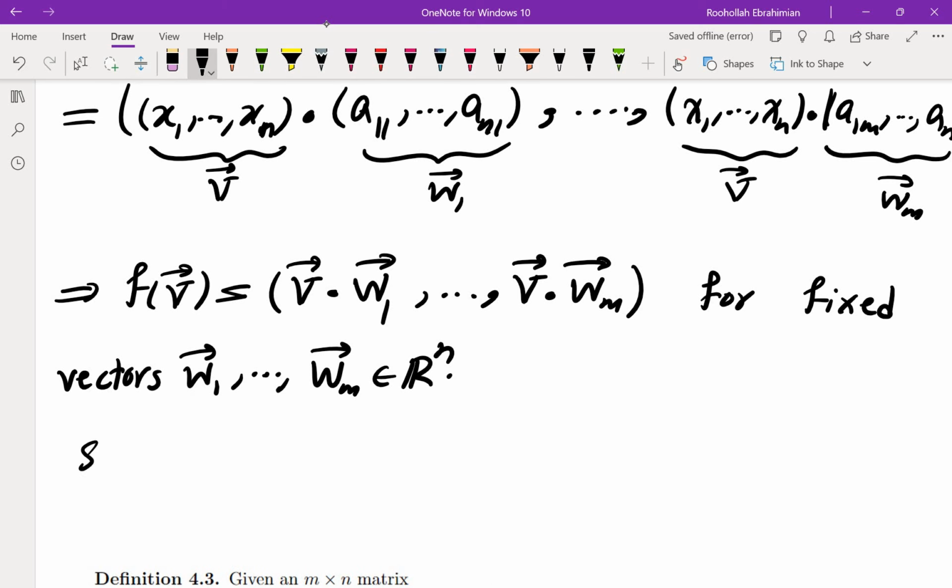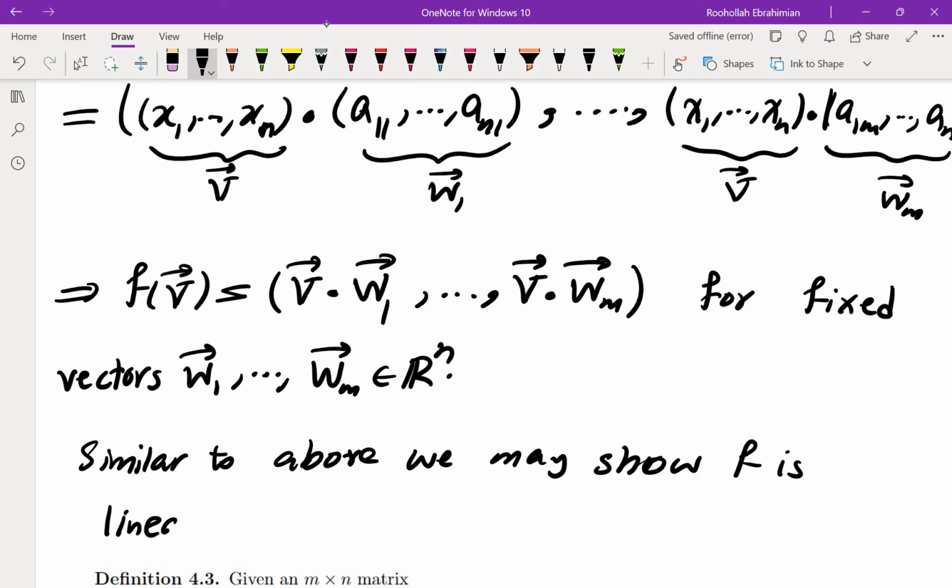So similar to above, we may show f is linear. Okay, so every linear transformation from Rn to Rm is given by dot products with certain vectors.